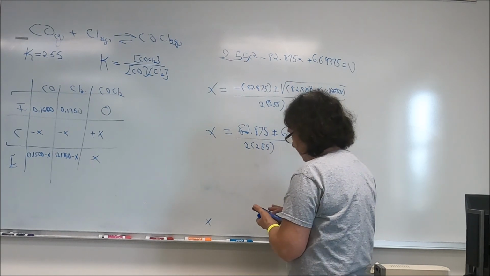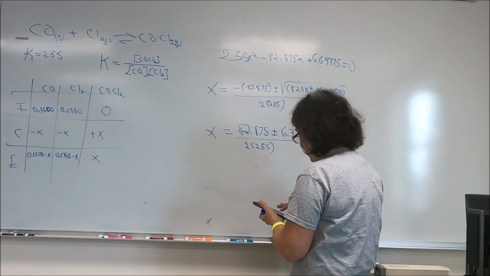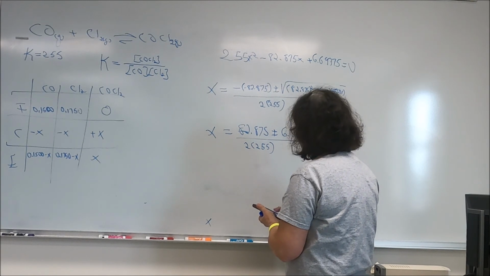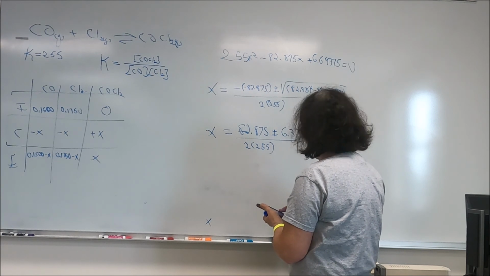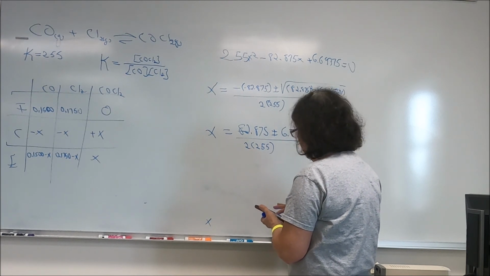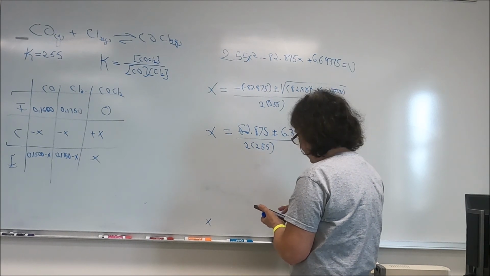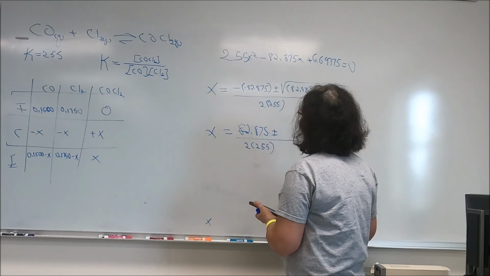Wait a minute. Clear. 82.875 minus 6.37 divided by 2, divided by 255. Let's see, let me check this again, because that's not looking good.